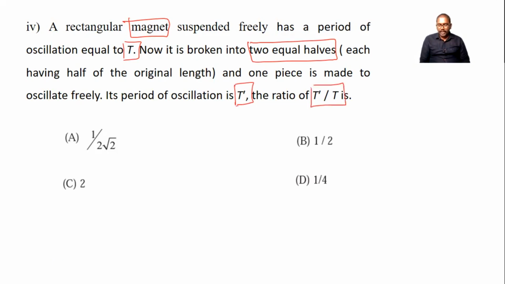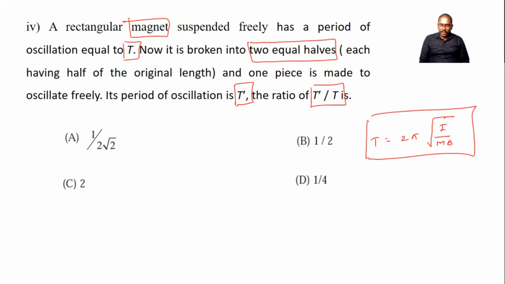So we have an idea about the period: T is equal to 2 pi under root I upon MB. This is the formula for the period of oscillation of a bar magnet. Now pay attention here.